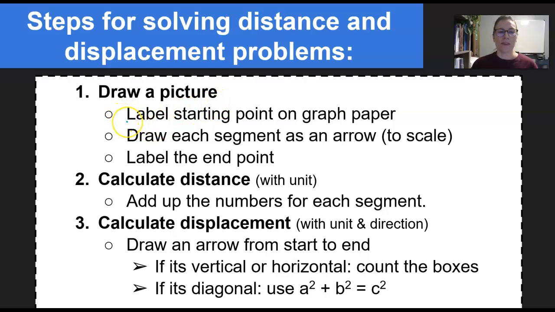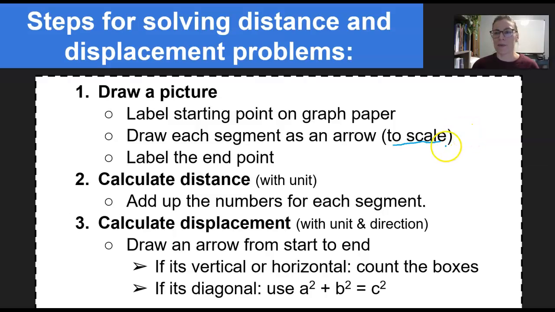So you want to start by labeling your starting point on your graph paper. That graph paper will either be real paper or more than likely virtual paper. Draw each segment as an arrow. That'll make sense when you see an example. And it has to be to scale, right?